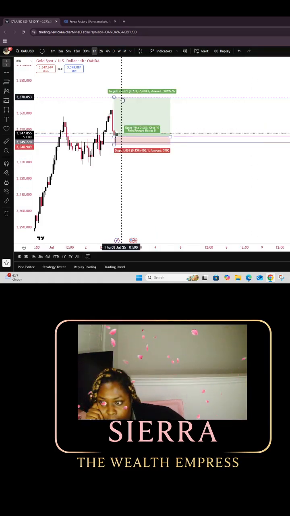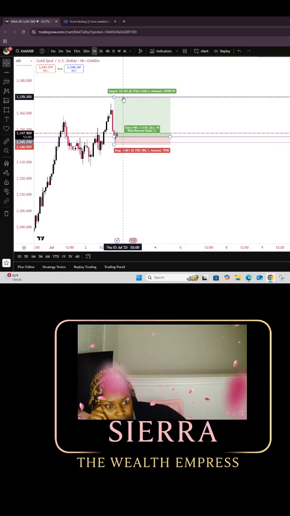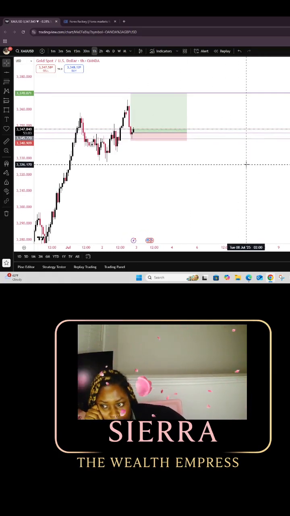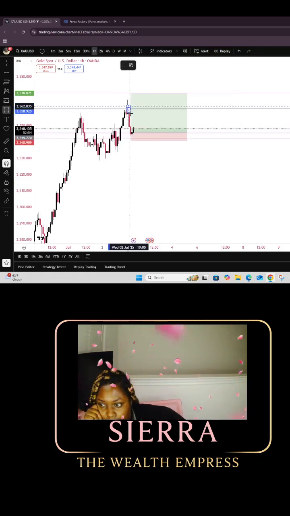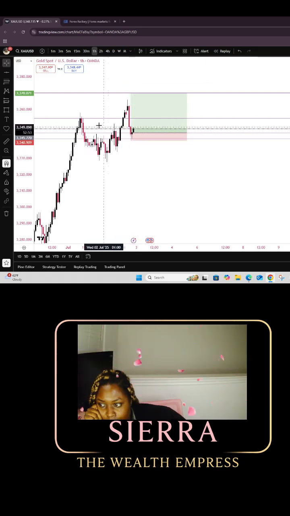TP back right here is 243 pips. Like, no need to be greedy. Even if you just take it inside of the fair value gap, right? Because we did have some rejection over here.